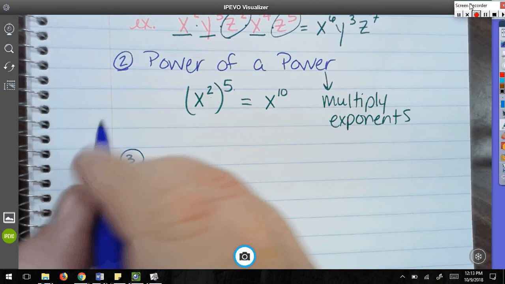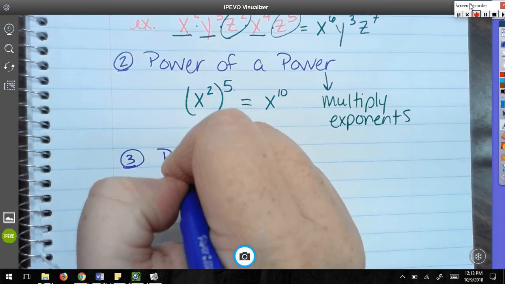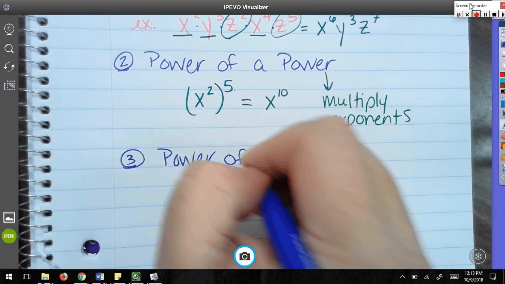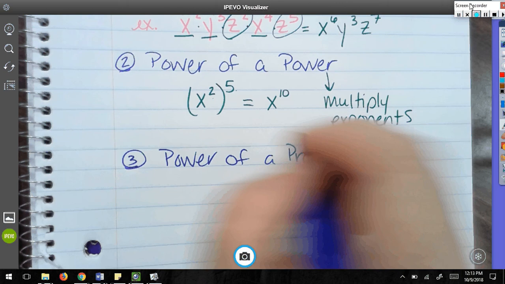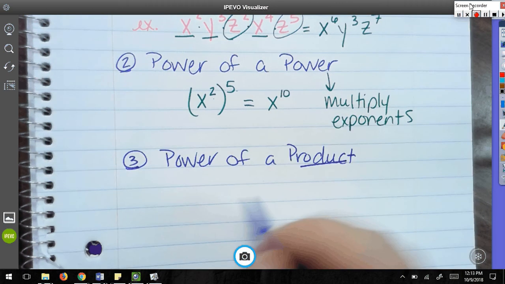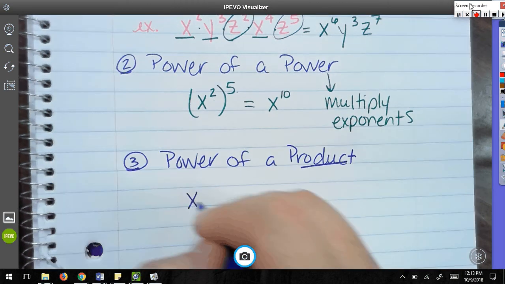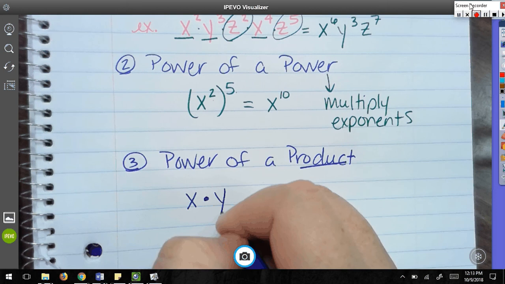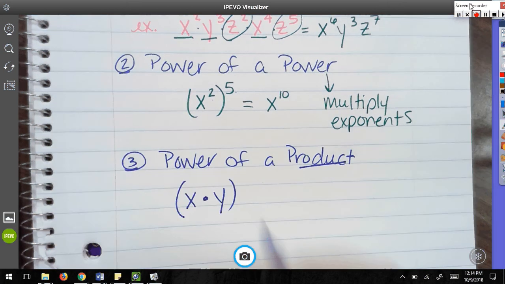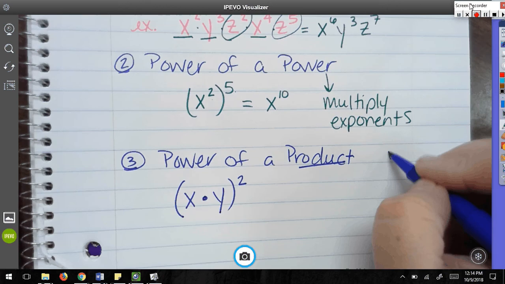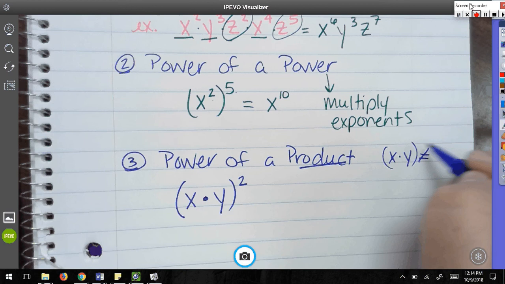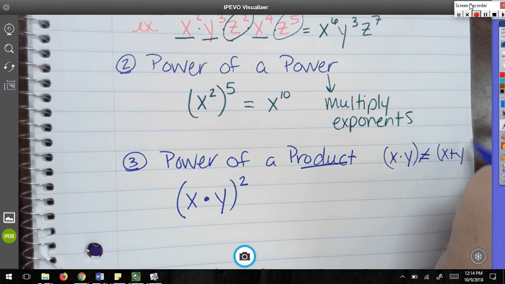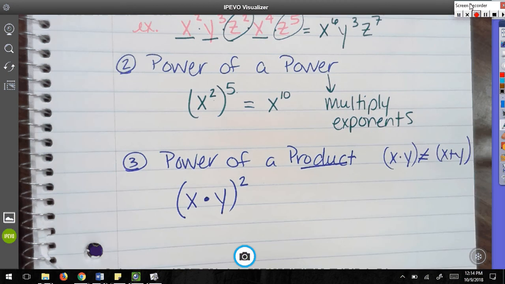The next one is the power of a product. This one starts to get, you have to really think about these. Product means multiply. So I'm multiplying 2 things together, say x times y, and then I'm raising it to a power. Now understand that this is not the same as this. Those are two different expressions.